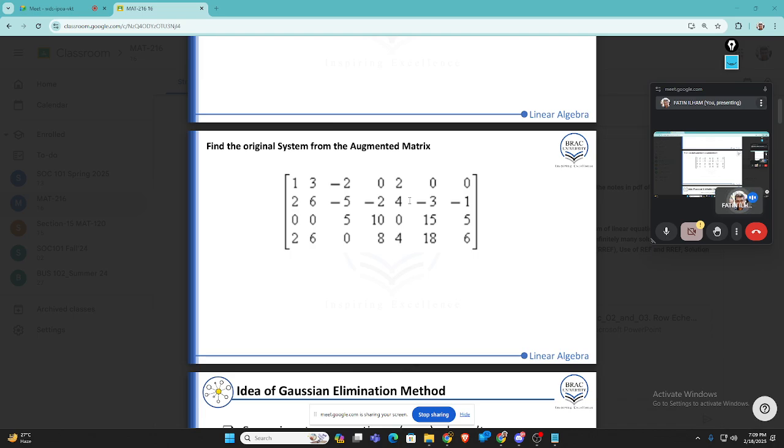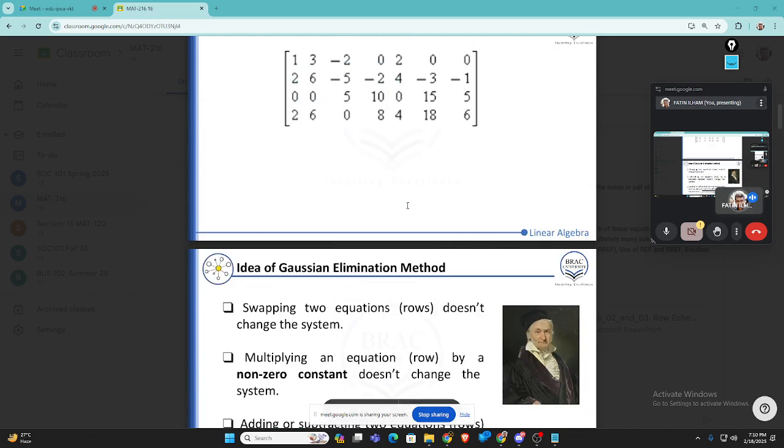You can write x1, x2, x3, or x4, however you want. x, y, z, w are ideal for about 4 to 5 variables. But when you have a larger matrix, then you have to write x1, x2, x3, x4.